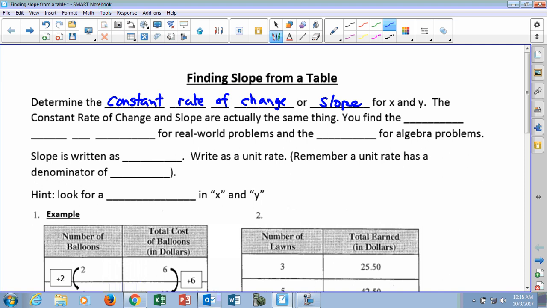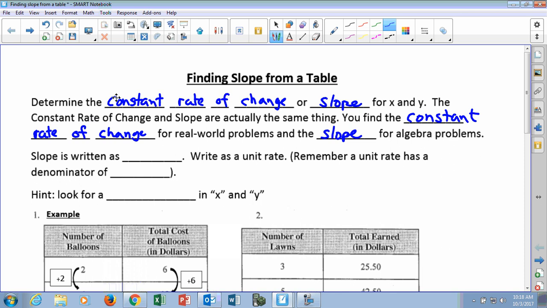The constant rate of change and slope are actually the same thing. You find the constant rate of change for real world problems, and the slope for algebra problems.